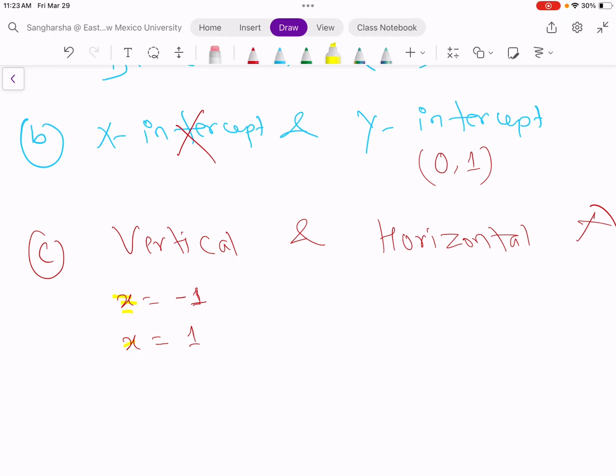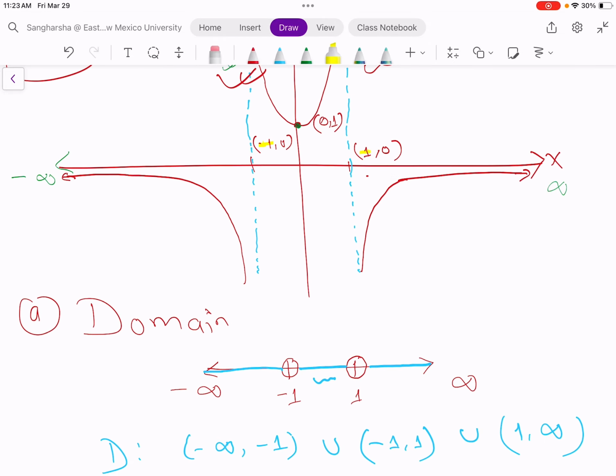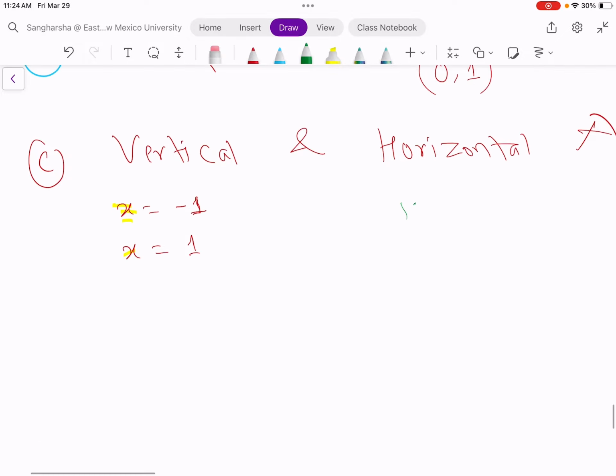Now the last: do we have a horizontal asymptote for this function? Do you all see that y equals 0 is the horizontal asymptote? As we choose our input to be greater or smaller, the output is very close to the y equals 0 line. So y equals that number, which is 0, is the horizontal asymptote.